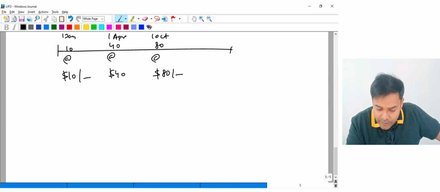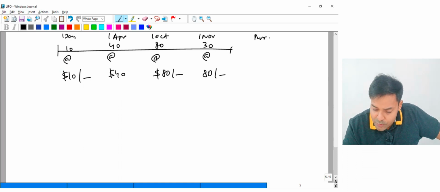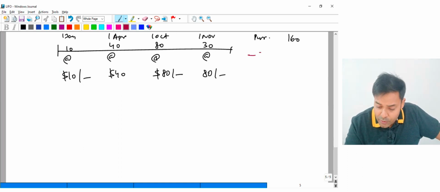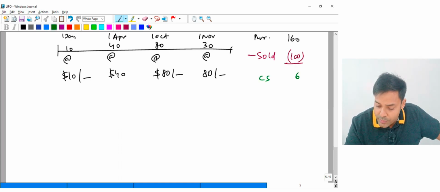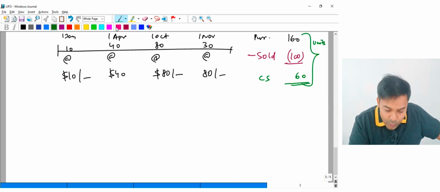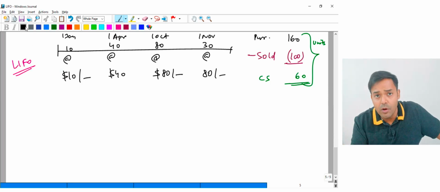Lastly, 1st November you purchase 30 units at, let's say, $80. So how much did you purchase in total? 50, 130, 160. You purchased 160. Let's say out of that you have sold 100 units. That means your closing stock is going to be 60 units. All of these are units.